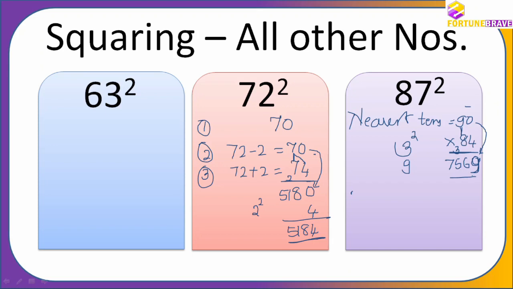Now 7 8s are 56. 56 plus 1 is 57. 5760, my dear friends. Now what is the difference? Difference is 16. So 5776. What is the answer? 76 square is 5776.